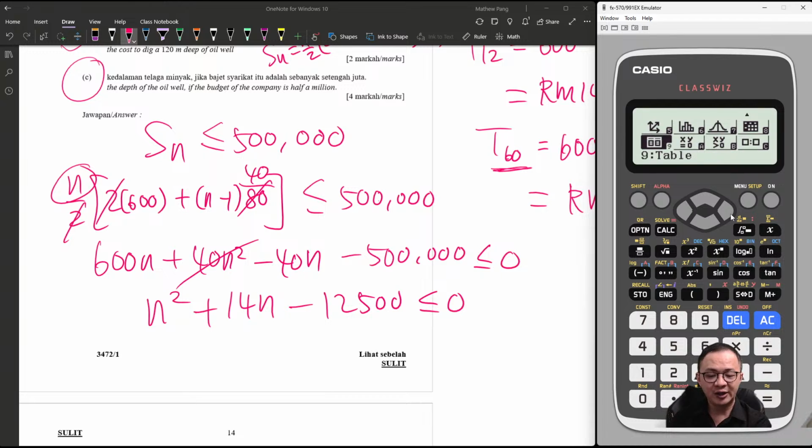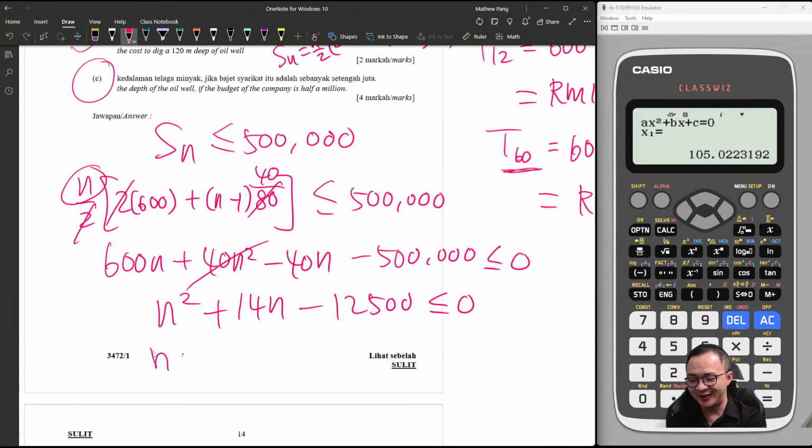Okay. You can go to this calculator. They have an inequality function. You can straight away solve it over there. But right now, I want to help those students who don't have the calculator also. I mean, just go to the normal EQN. This is 1. This is 14. This is negative 12500. Ayo, which is not good. Okay, my n is 105.02.